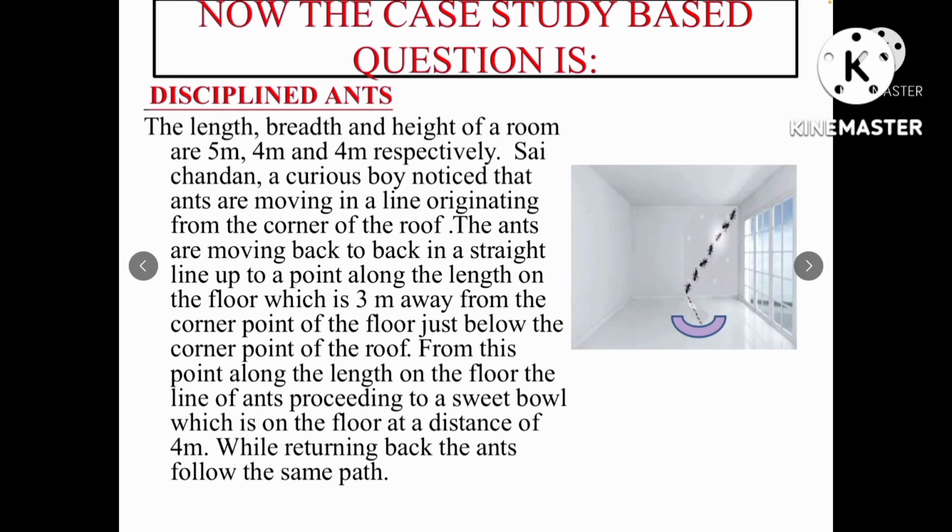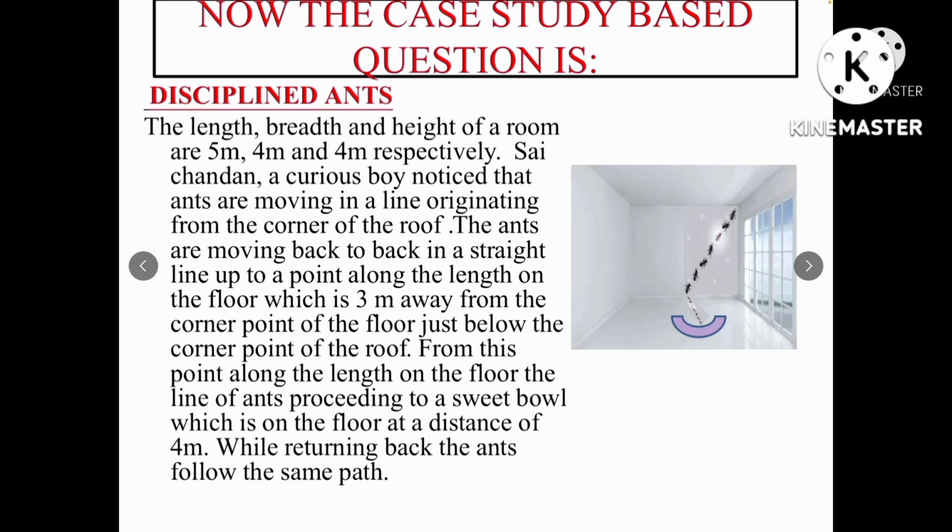The title of the story is Disciplined Ant. The length, breadth and height of a room are 5 meter, 4 meter and 4 meter respectively. Just go through this. This is my stem part, or the case, and on the right side the picture is also given, which clears up whatever narration you have given in the story.